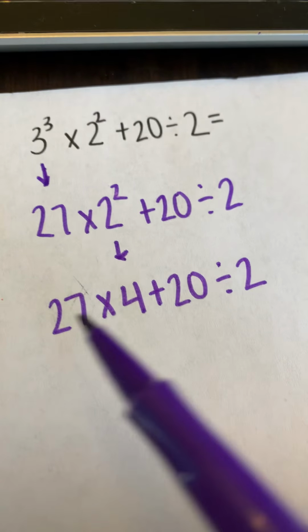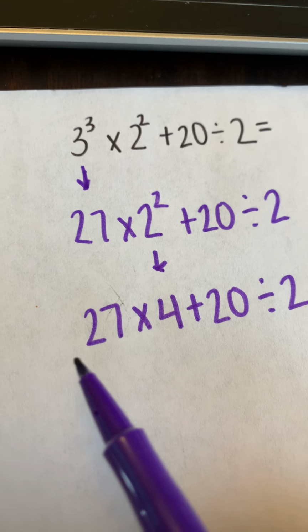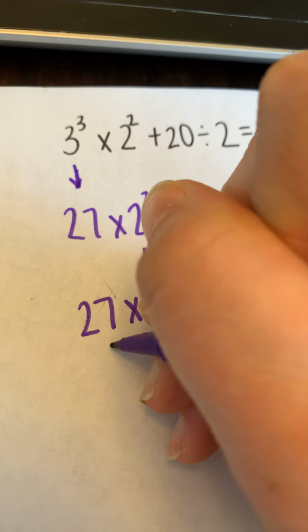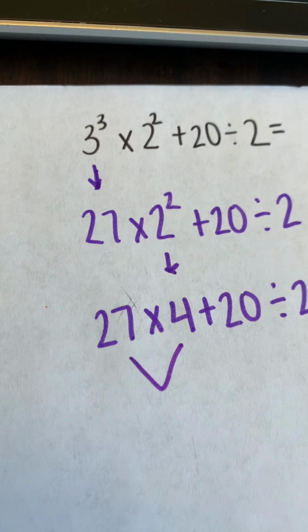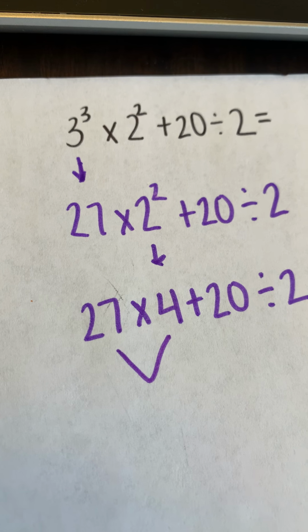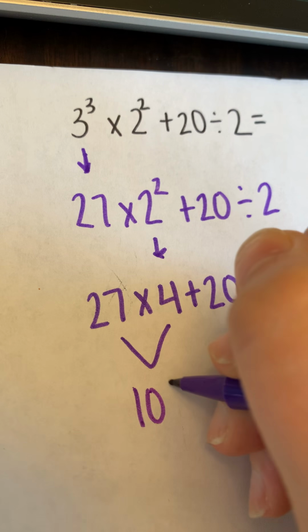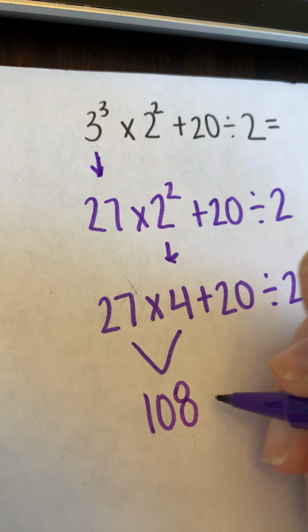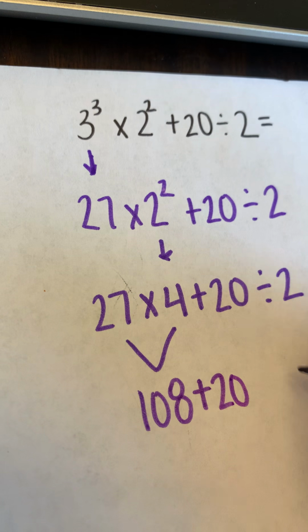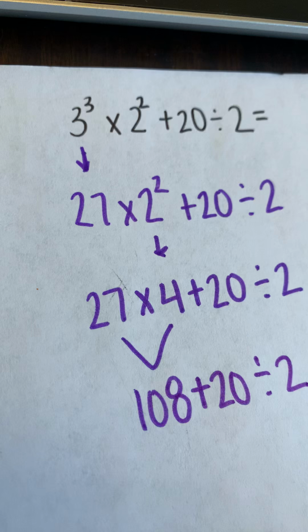So let's start on the left and see what we hit first. The first thing that I hit is 27 times 4. So in my calculator, I'm going to do 27 times 4, and I get 108. So I have 108 plus 20 divided by 2.